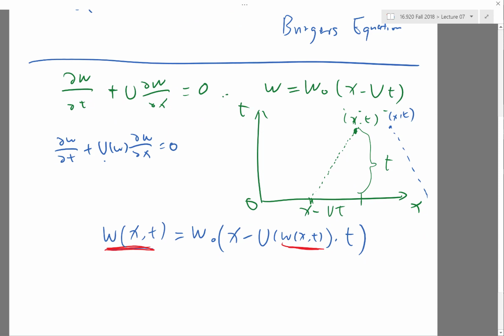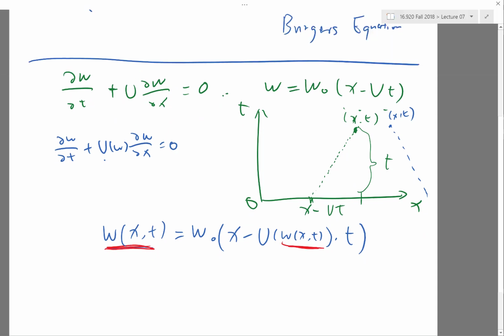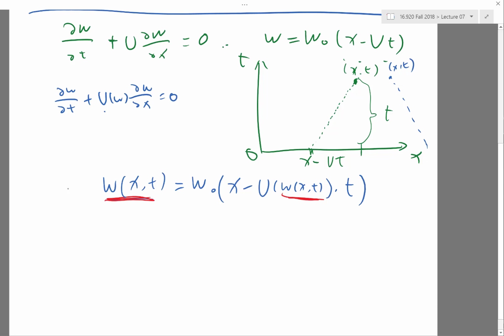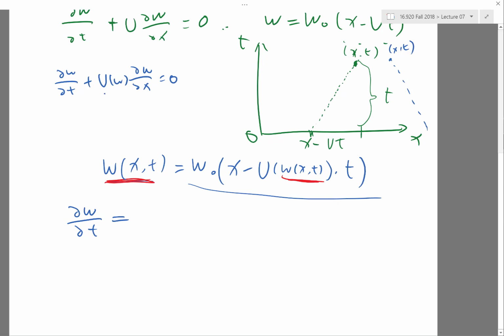But why is this a solution to the differential equation? Because if you take partial w, partial t, it's equal to, using the chain rule on this, let me figure out a slightly better way to do this.